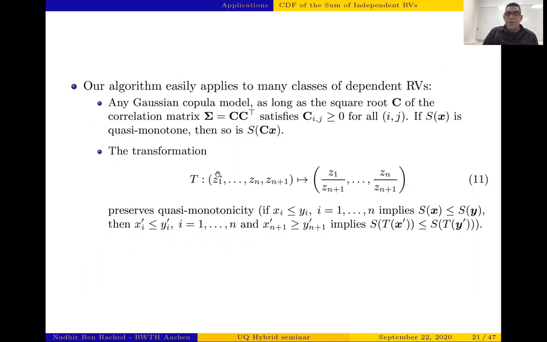Another example is this transformation T, which we can easily show preserves quasi-monotonicity. If S of X is monotone, then S of T of X is less than S of T of Y, and so on. So with this transformation, we can consider dependent random variables and still have quasi-monotonicity.